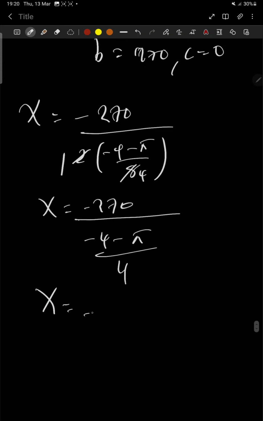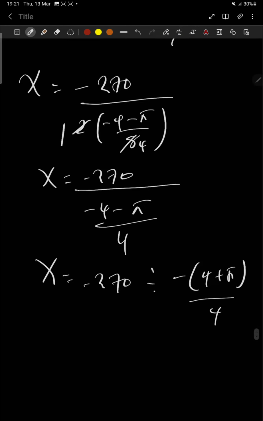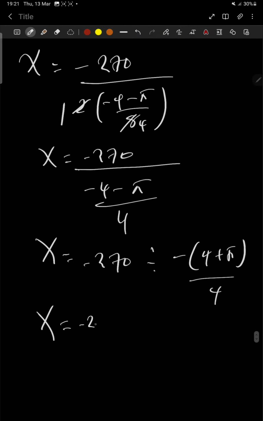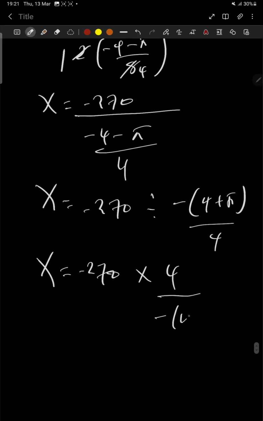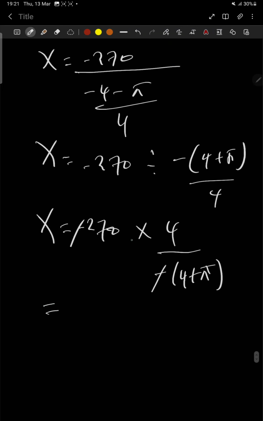Now this in simple is the same as negative 270 divided by negative, you can factorize the negative, so this will be 4 plus pi, right, over 4. So rule of mathematics, negative 270 times 4 over negative 4 plus pi. Okay, this negative and this negative will go. My answer will be 1080 over 4 plus pi. This is your x dimension.